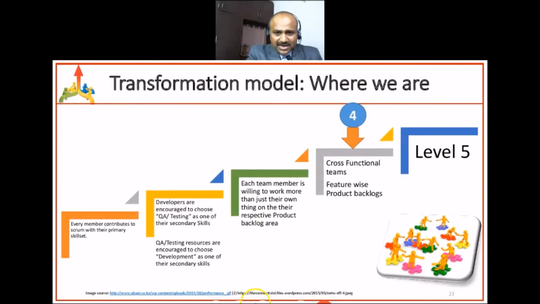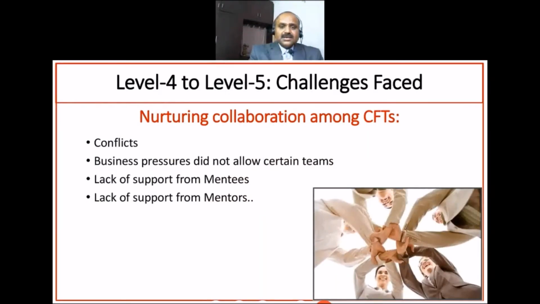Now we are at level 4, and how do we go to level 5? Here are the challenges faced. So from level 4 to level 5, the challenges faced are conflicts. Conflicts. See, cross-functional team is a very jazzy word, okay?